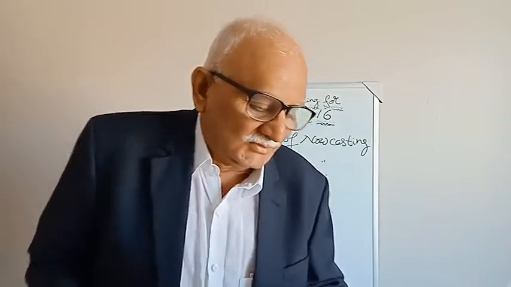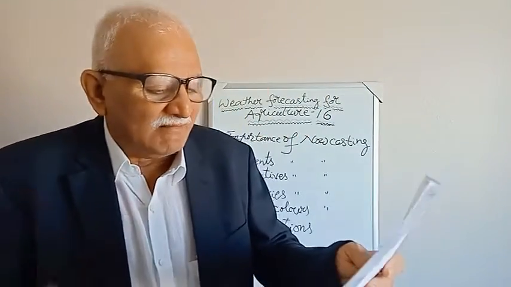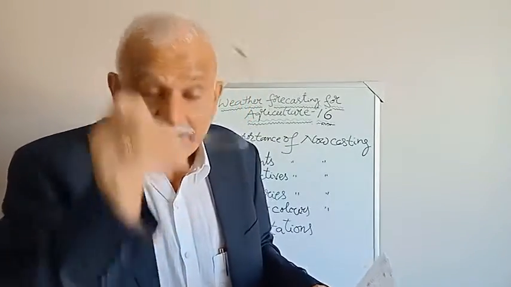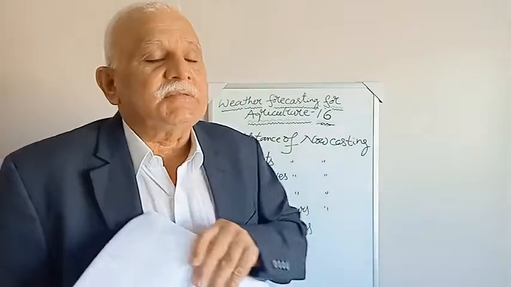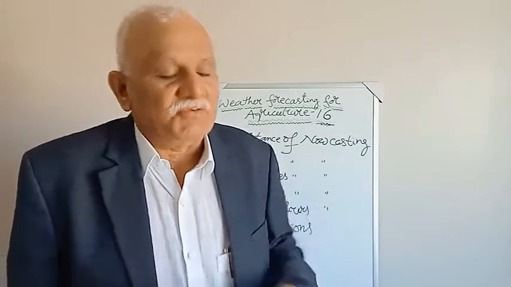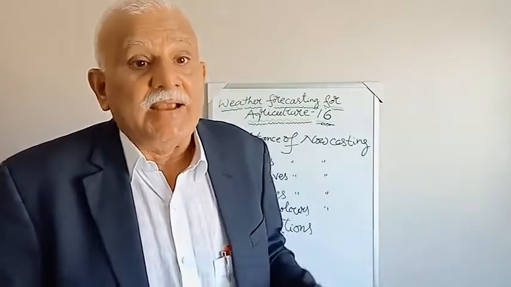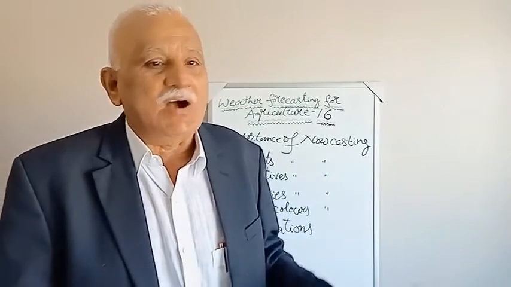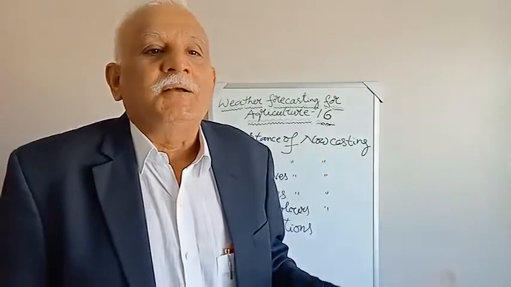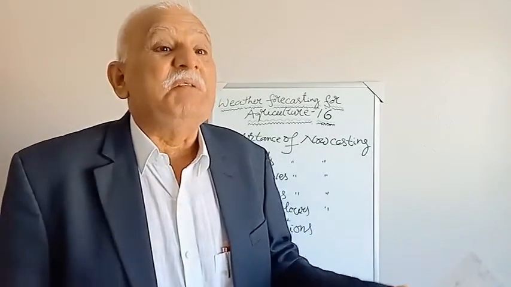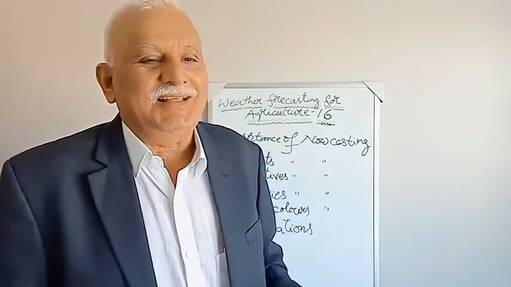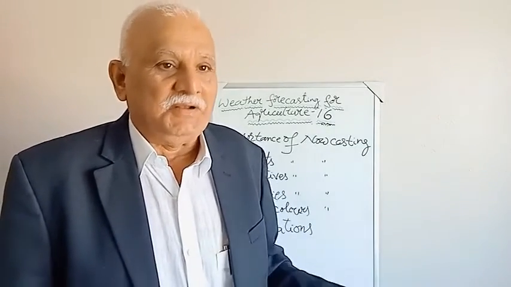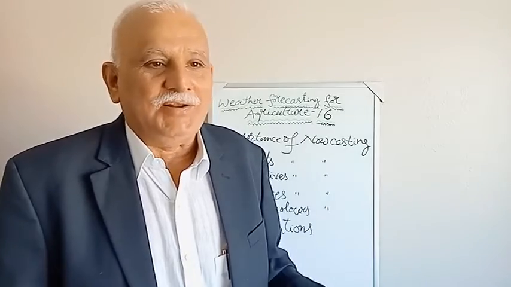So there are in total 894 stations that issue nowcasting, which is unparalleled in the history of meteorology of any country. 894 stations issue nowcasting from 0 to 3 hours on the impact: what will be the hazardous weather, in a color coded form, starting from green to yellow to orange to red.